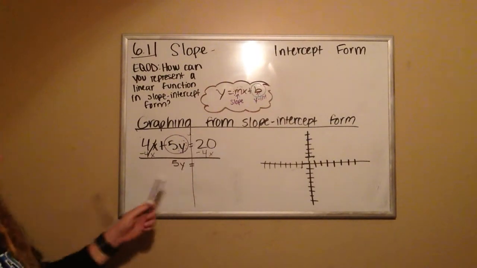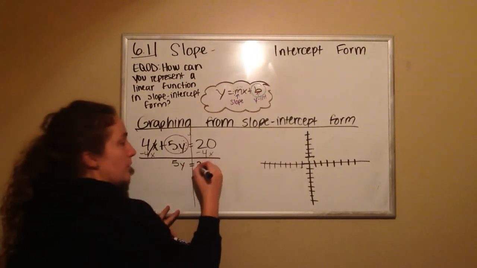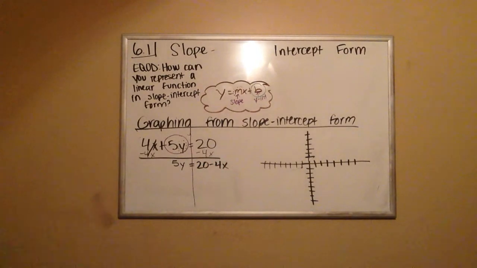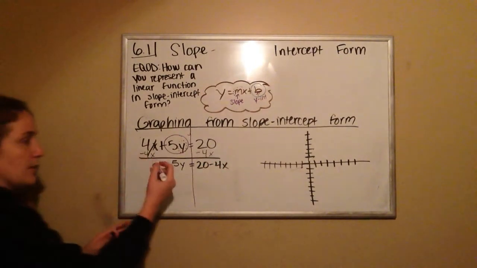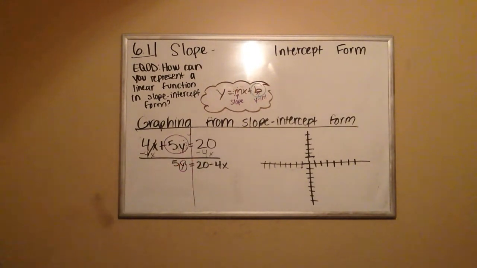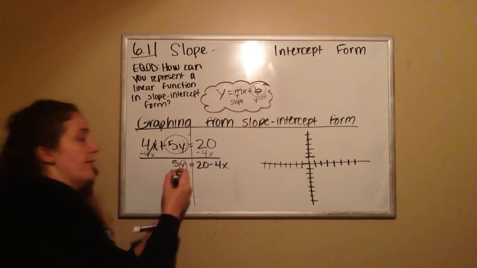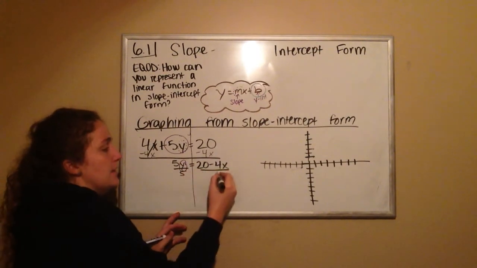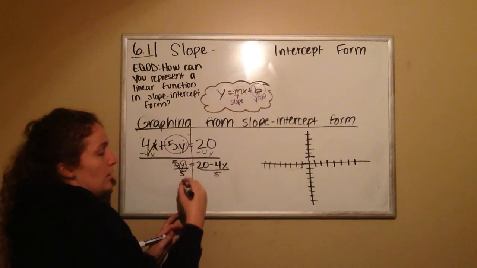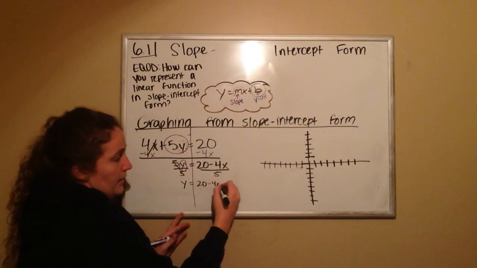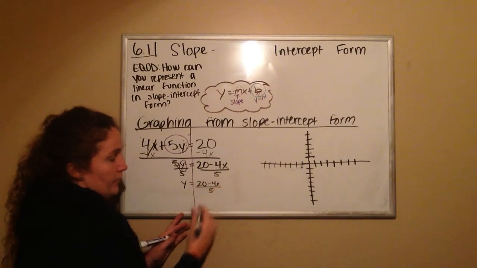You cannot combine those, they are not like terms. Okay, but we want y by itself. So finally that term's all alone. Since it's multiplication happening between the 5 and the y, we undo it by dividing by 5 on both sides. Y is equal to 20 minus 4x over 5.